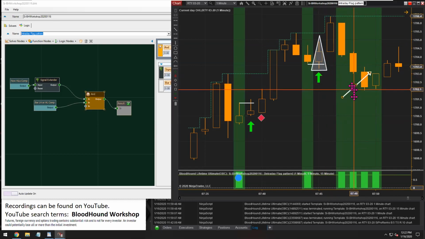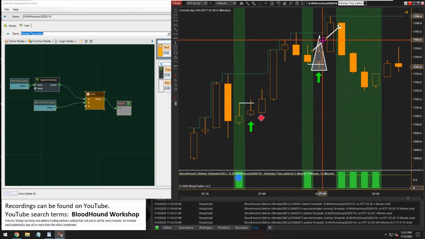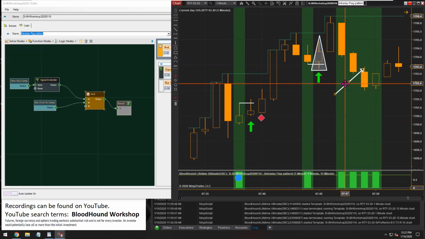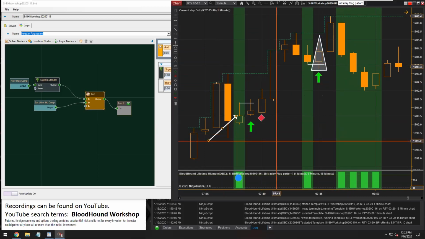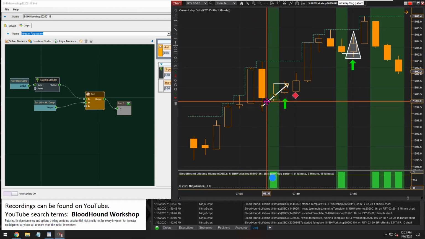So we have a failed flag pattern here. But we can at least see the output is telling us that the flag pattern is setting up. All right, and now we need to look for the break, right?